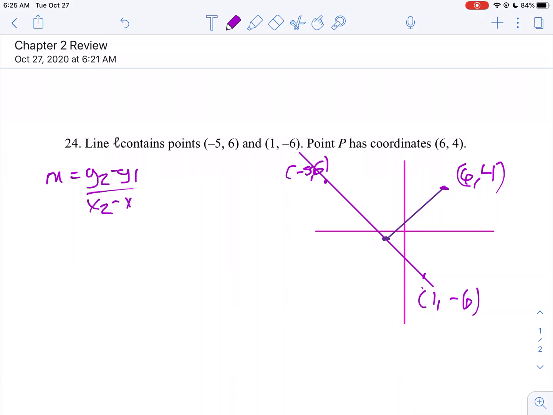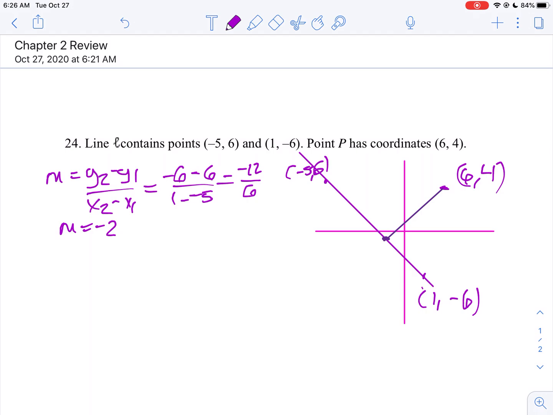The order you subtract them doesn't matter. I'm going to call 1, negative 6 my second point. So negative 6 minus 6 all over 1 minus a negative 5. Once you subtract the y's, you have to go in the same order. So you get negative 12 over 6, so I know my slope is negative 2.